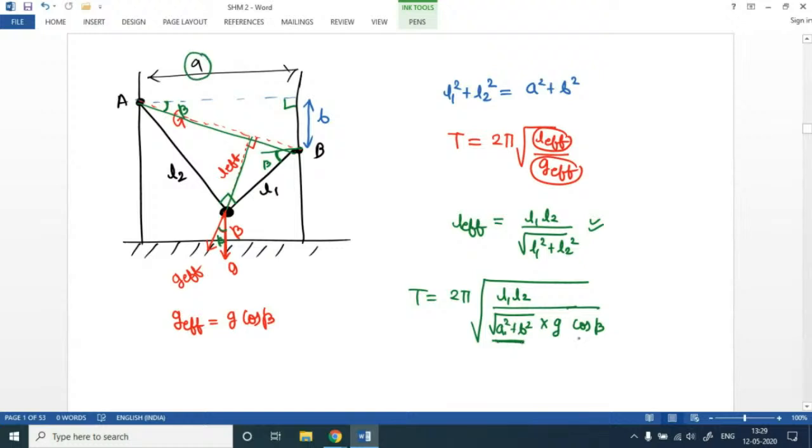So this into this, root under a square plus b square into cos beta, is nothing but a. So you can simply write it as 2 pi root under L1 L2 upon G into a, where a is this length, and this would be the time period of oscillation of this system, for small oscillations only.